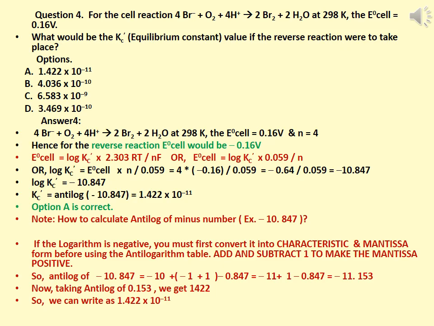After one digit, put the decimal and into 10 power minus the characteristic number. So, the correct answer of K'c, the equilibrium constant for the reverse reaction, is 1.422 into 10 power minus 11.